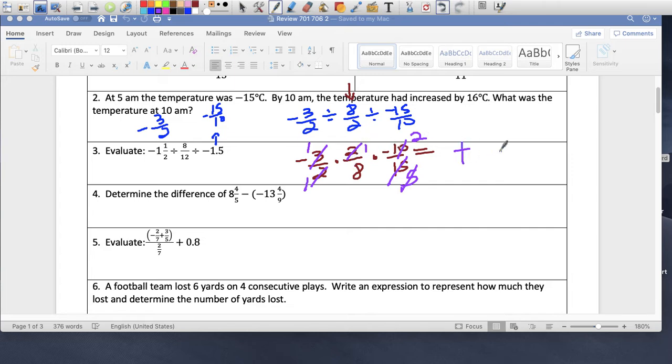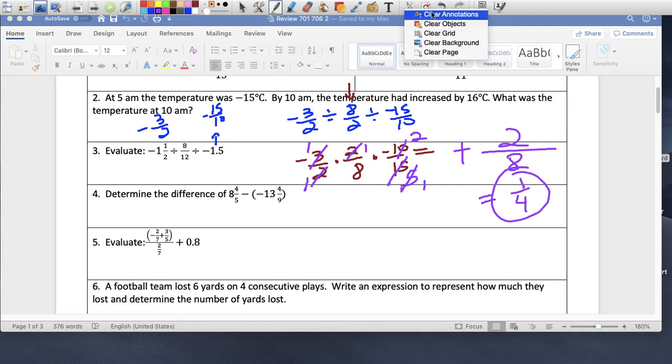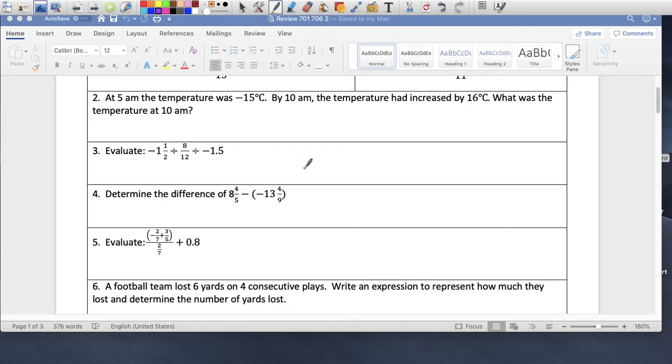So my answer is going to be a positive answer. On the top, it's 1 times 1 times 2. At the bottom, it's 1 times 8, and hopefully times 1. And that just gives you 2 over 8. Oh, I could have simplified that. That's going to give us 1/4. So in your calculator, if you have the opportunity, you've got 1/4, or maybe 0.25, something in that version.